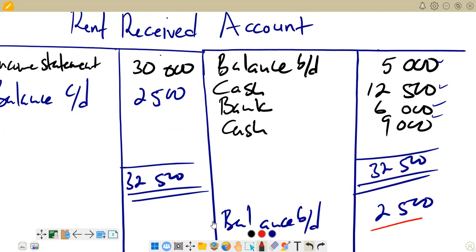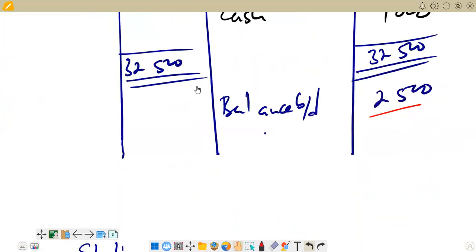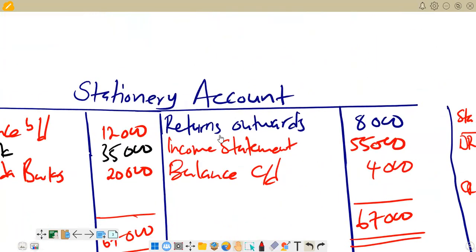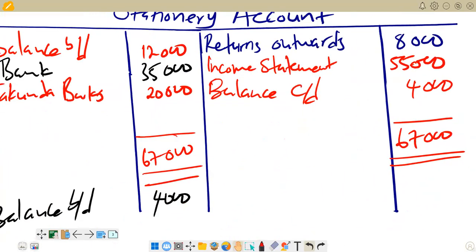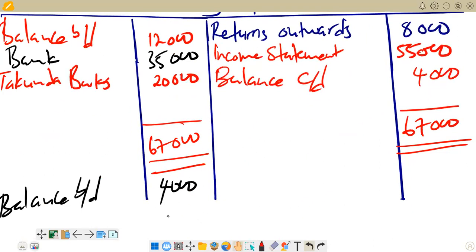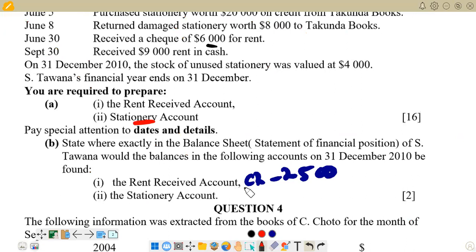Then we can also check in terms of the stationery. Our stationery, we see that our balance BD is on the debit side. So let's try to see what we can interpret in terms of those balances. If you have got the rent received, remember rent received is an income account, and when we have a balance BD on the credit, it represents a prepayment.